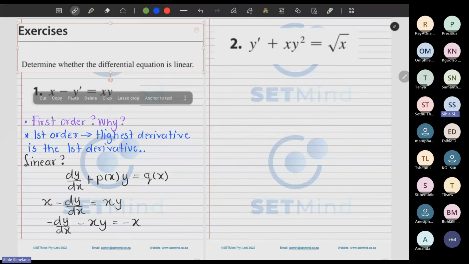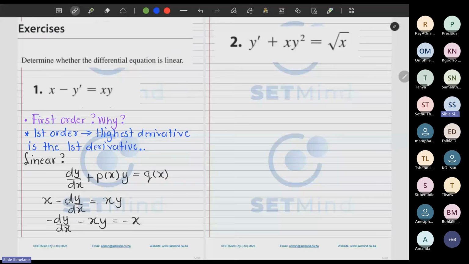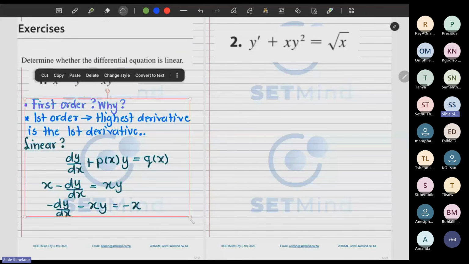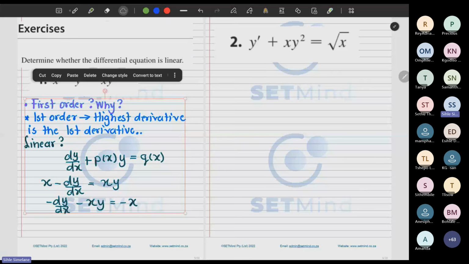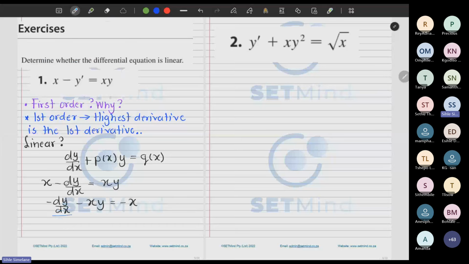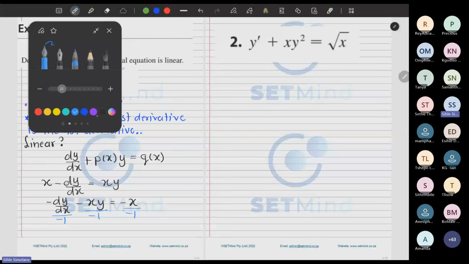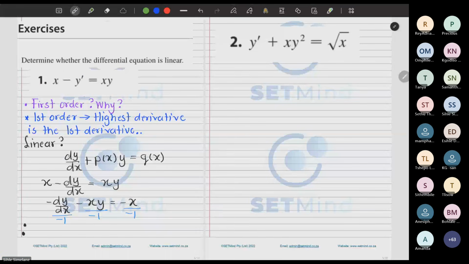And you guys should be able to see that we can just divide by -1 to get this into our standard form. Okay, so if you observe carefully, we divide by -1, divide by -1, divide by -1. And our answer, therefore, will be dy/dx plus xy equals x. So the question, guys, is this linear?